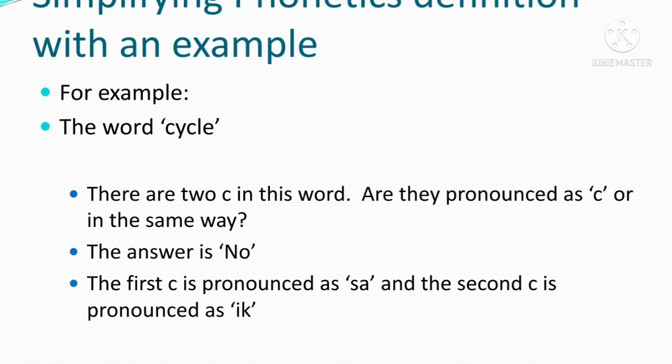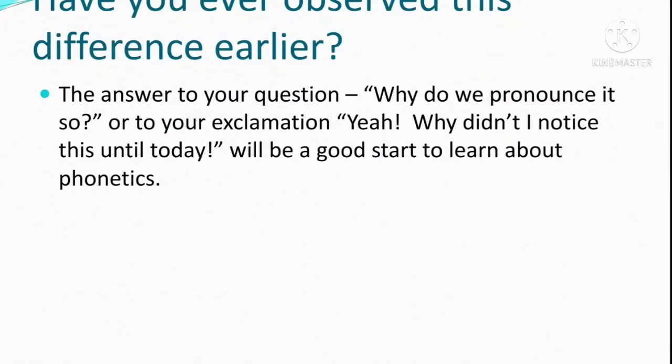Actually both are C's, but we never pronounce it as C, yet we have two different kinds of pronunciation. Now, why does it happen so? So this is a good example for a scientific study of sound units. There is one alphabet, two different sounds created by the same alphabet.